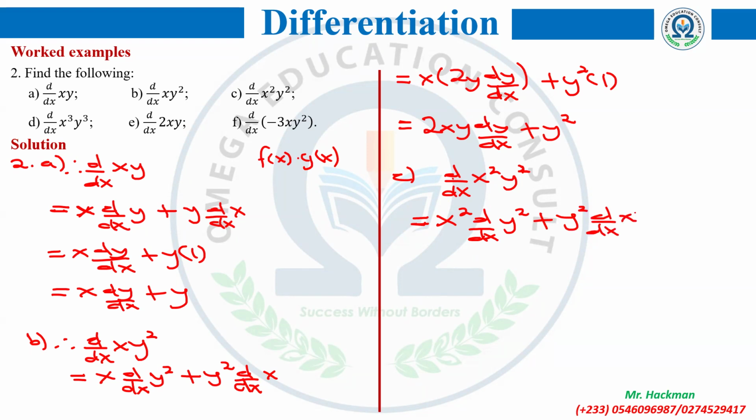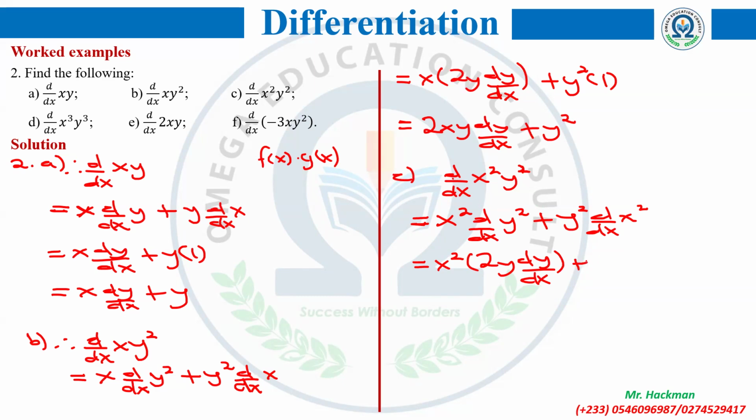Very good. So this is going to give us x squared held, then d dx of y squared, which we know will give us 2y dy dx. Very good. Then you close it. That will be it for the differential of that.